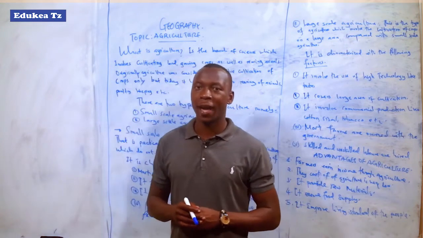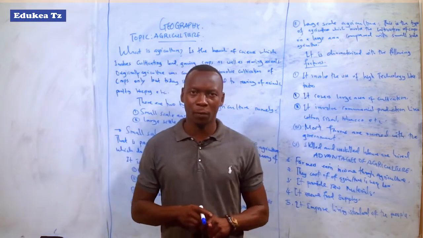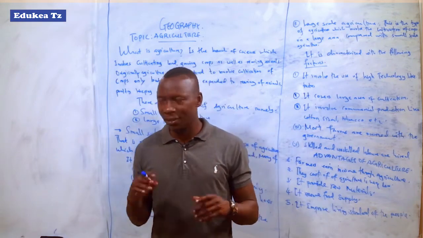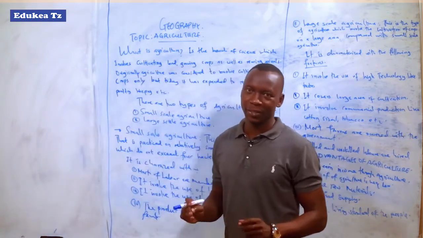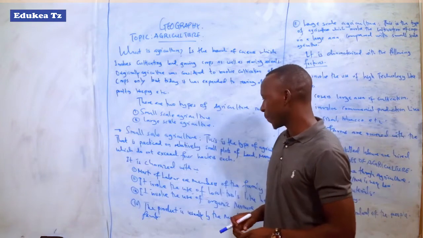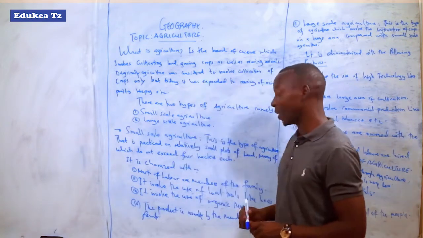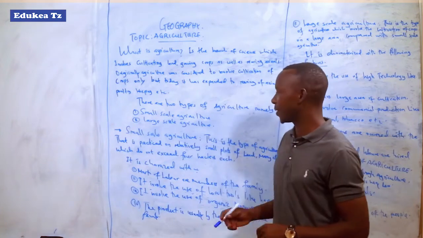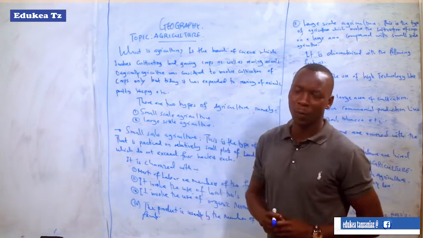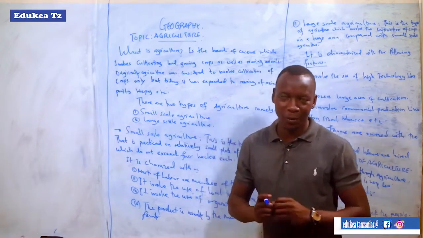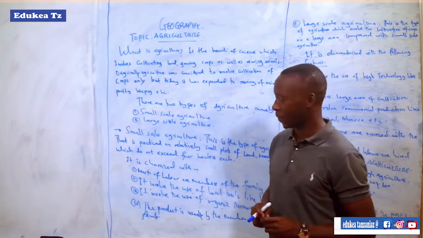It does not involve the hiring of laborers from outside the family, but only the members of the family: father, mother, children, and other relatives. Through these characteristics, small scale agriculture is the type of agriculture which involves only a small piece of land on the earth's surface.